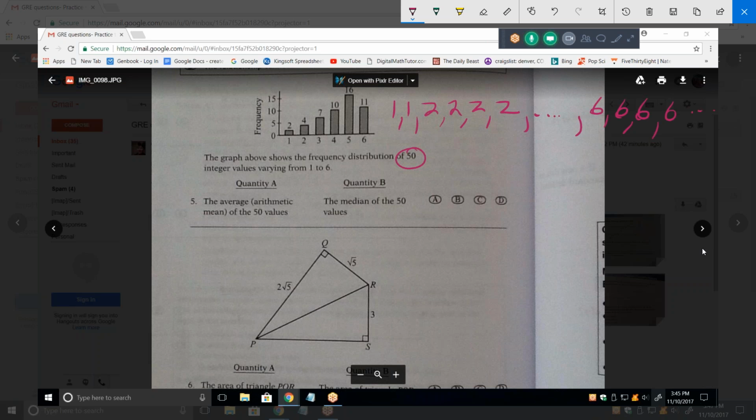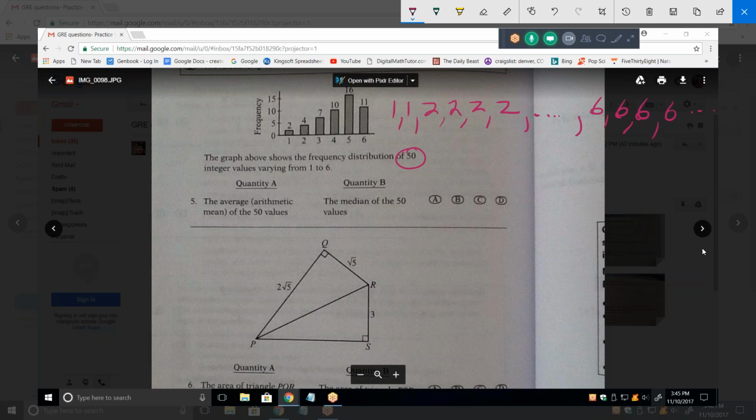Now, if I look at the median, what number is the median? Is it the 25th? Is it the 26th? Since it's even, it's going to be in between.